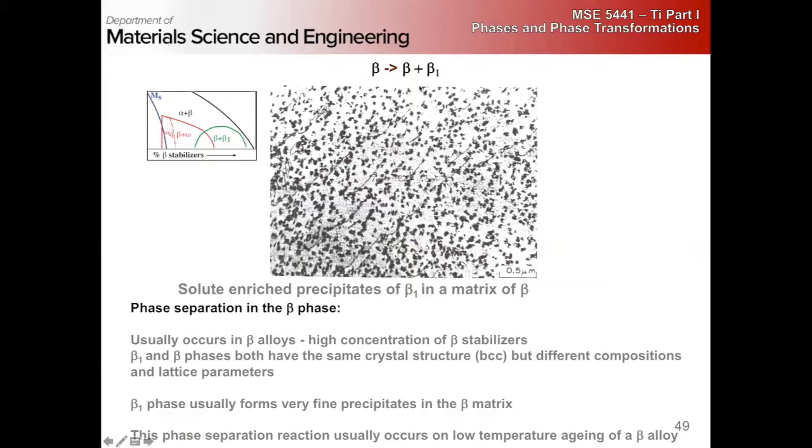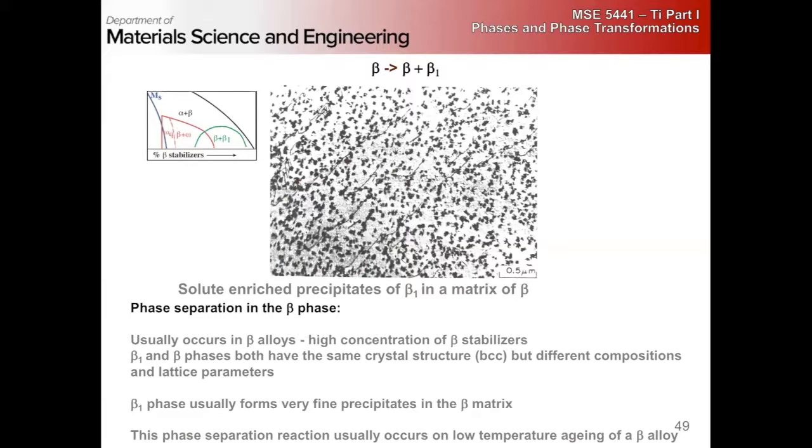of that process. Okay, so the reaction where we left off was this beta to beta 1, right? And so this is a phase separation in the beta phase. So what other alloys did we think of? What other system did we think about phase separation?